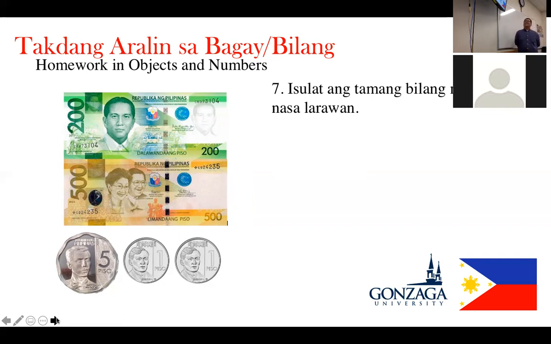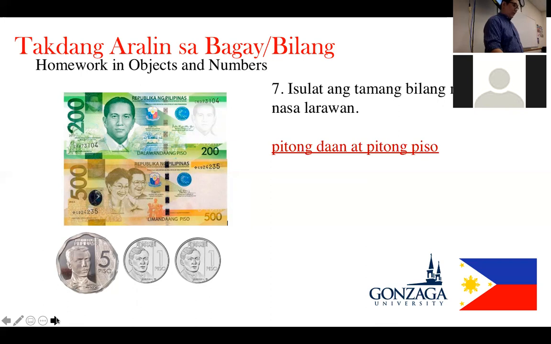Pitong daan at pitong piso. Okay, that's actually correct. 700 at 7 piso. Okay, no 50 because there's no 50 there.